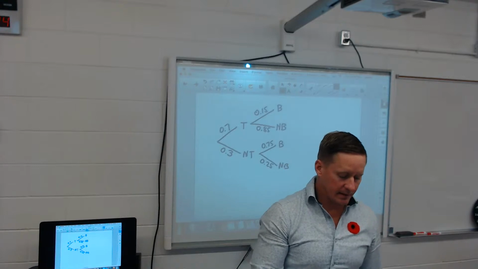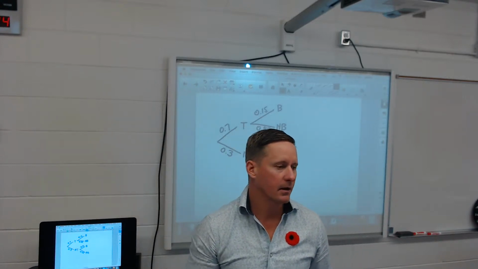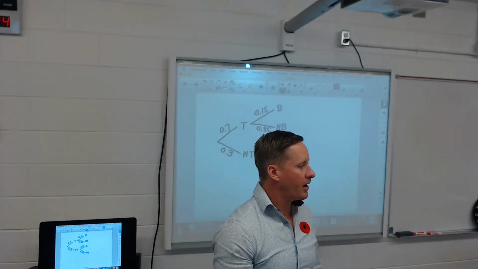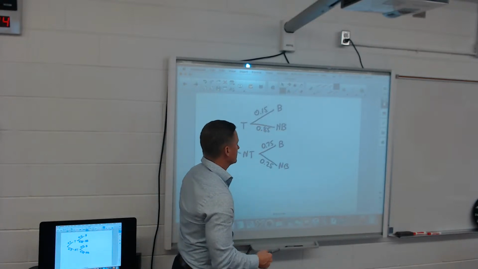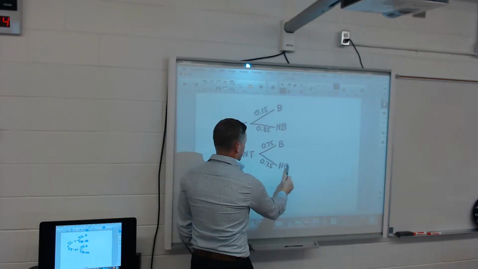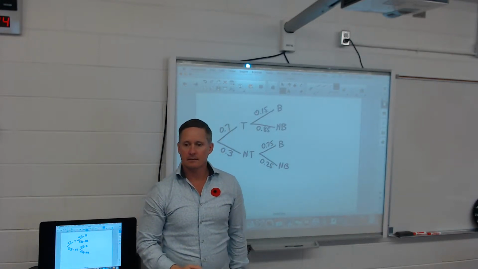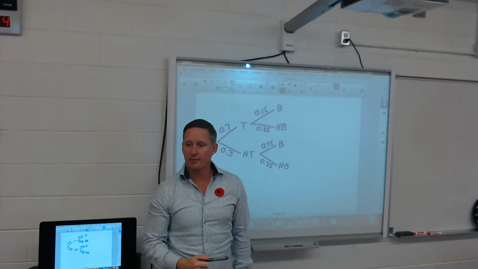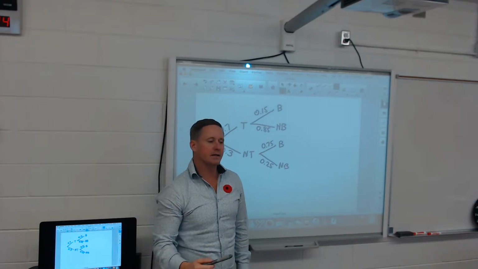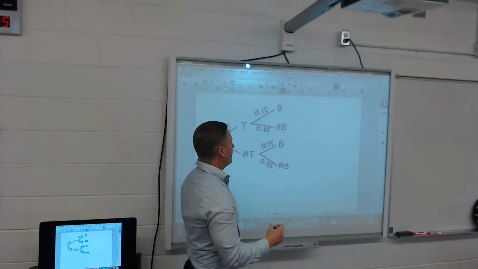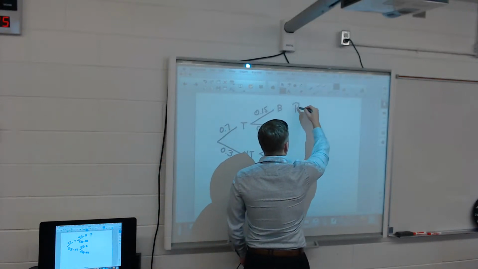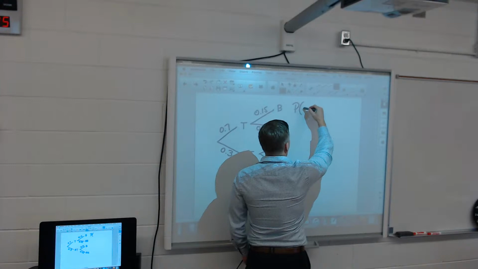So what's the probability that he remembered to set the timer? So we know that he burnt the bread. So now that eliminates 2 possibilities. That eliminates this one and that one, because we know he burnt the bread. Now I need to know the probability that he set the timer.